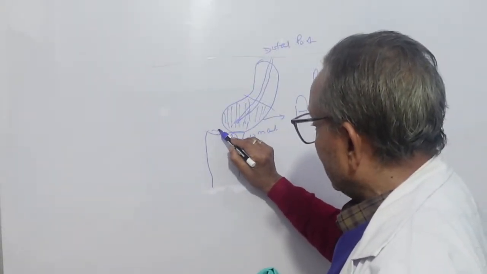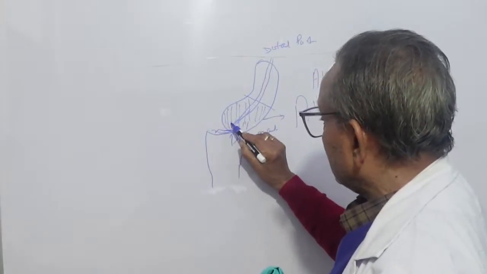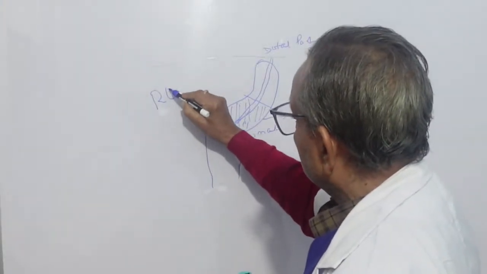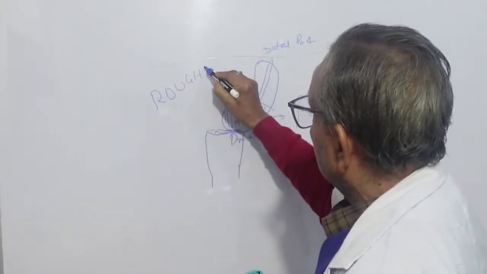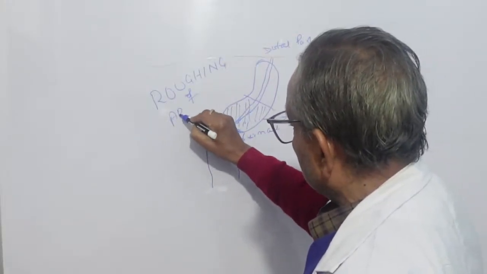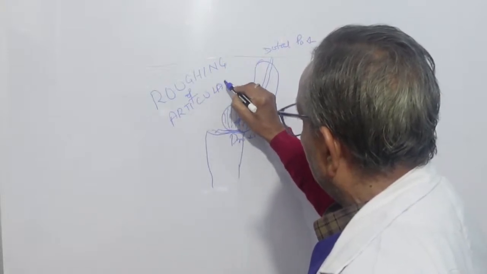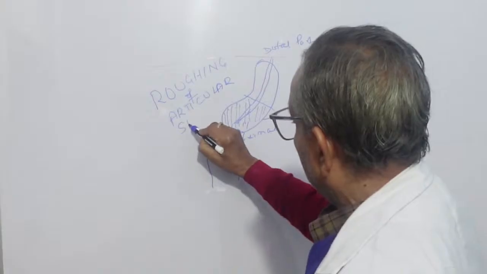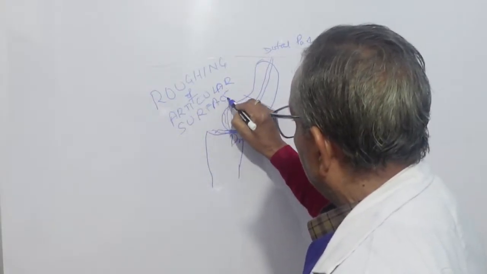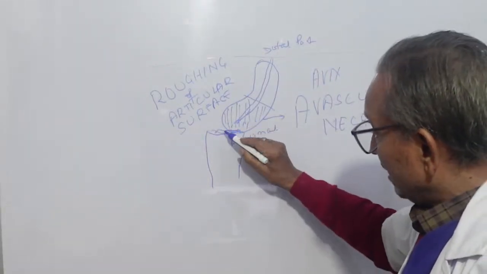There will be arthritic changes, roughening of the joint surface. When it collapses, when it dies, there will be roughening of the articular surface, and this will lead to pain in the wrist joint.